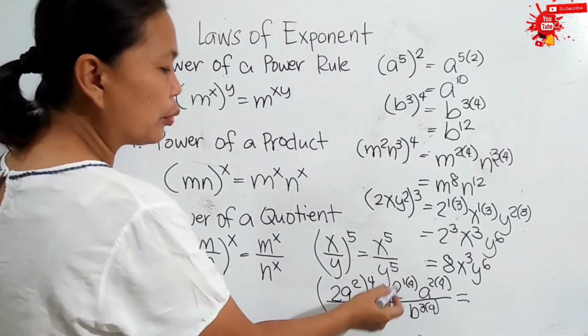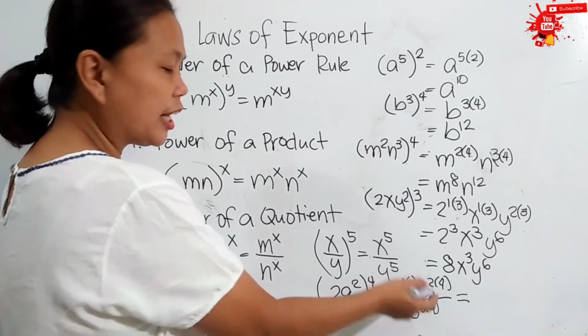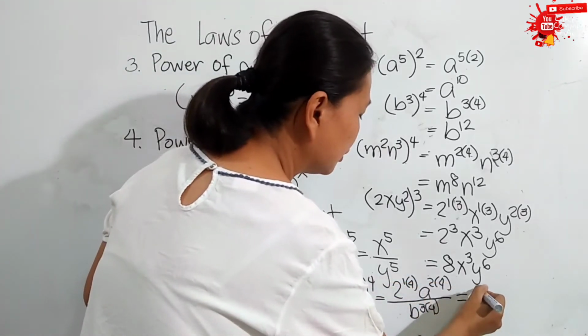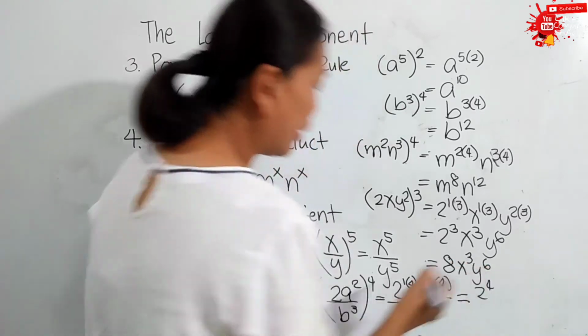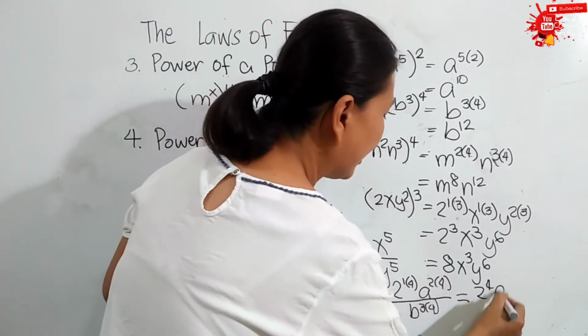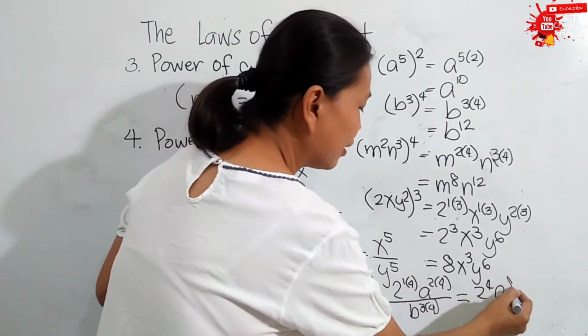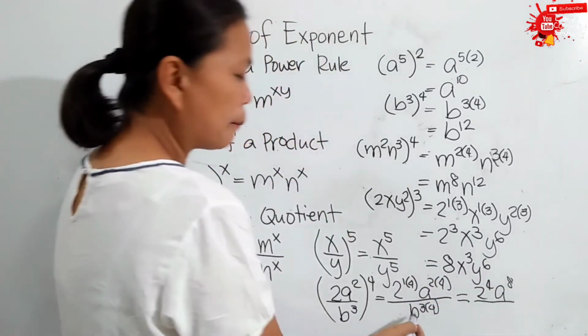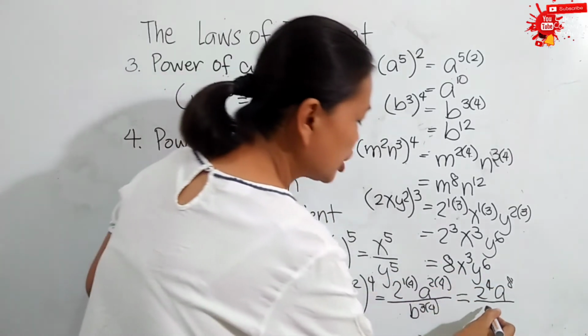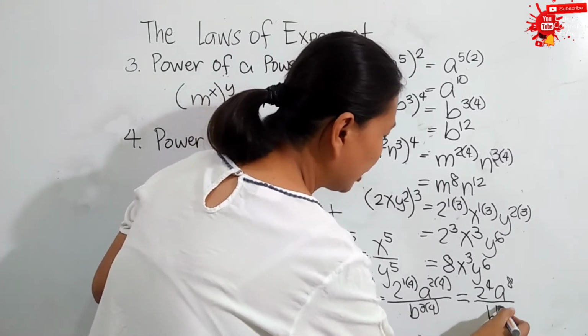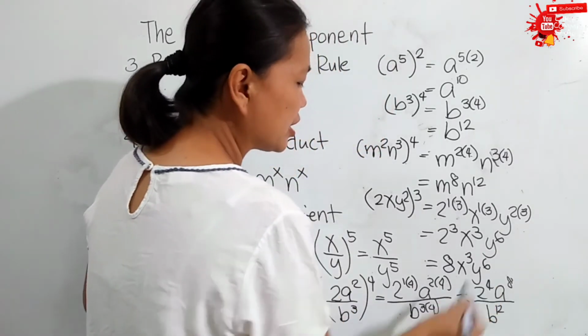So we have here 2 raised to 1 times 4. So we will have 2 raised to 4. Then a raised to 2 times 4, which is 8, over b raised to 3 times 4, which is 12. But we need to simplify 2 raised to 4.